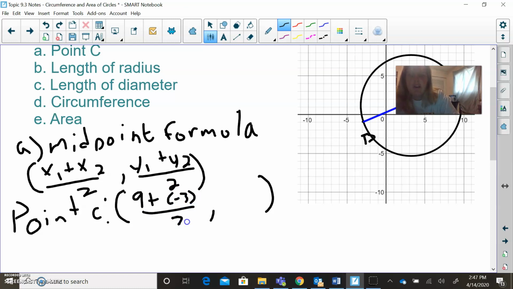We're going to divide that by 2. Then we're going to use the y value of A, 4, and the y value of B, which is -1, and divide that by 2.